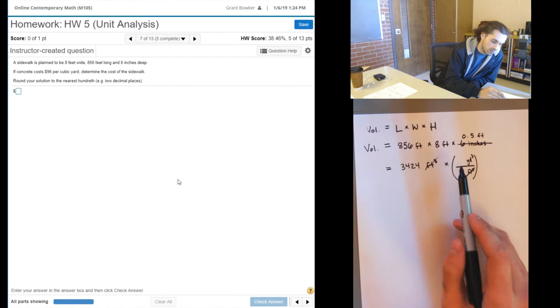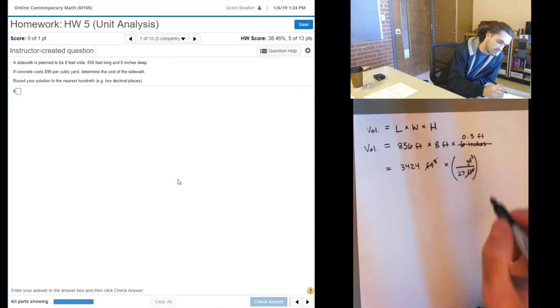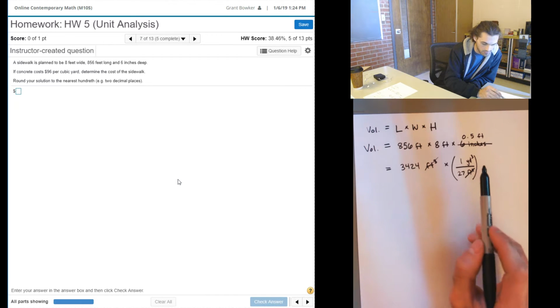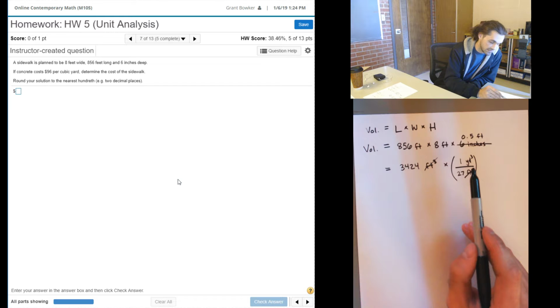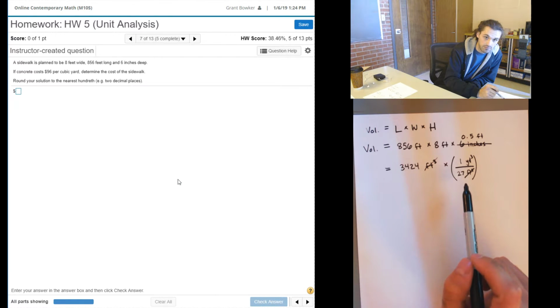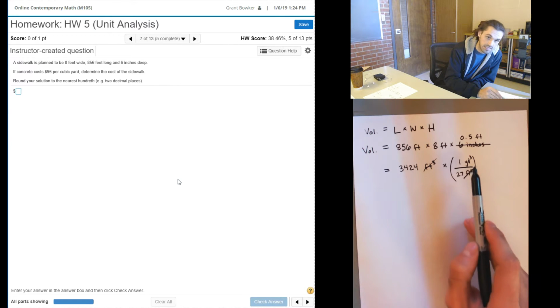So for every 1 cubic yard we have 27 cubic feet. Right? Do not confuse yourself with the relationship between yards and feet. For every 1 yard, there is 3 feet. However, we're not looking at yards and feet, we're looking at cubic yards and cubic feet.